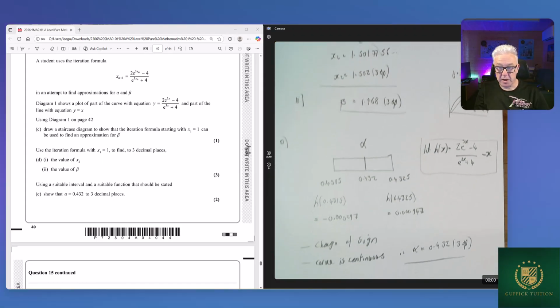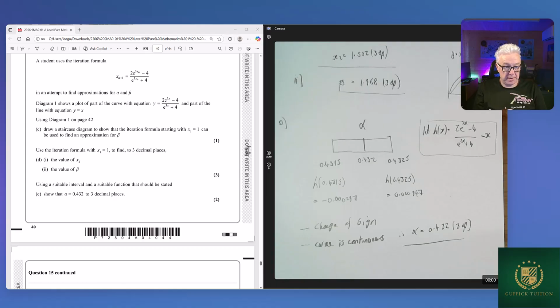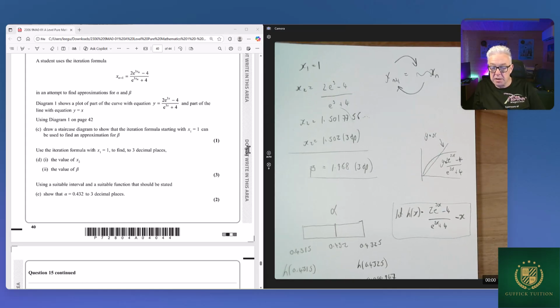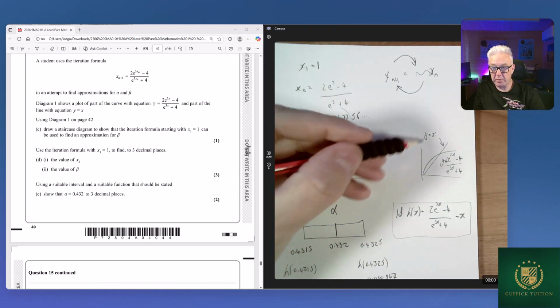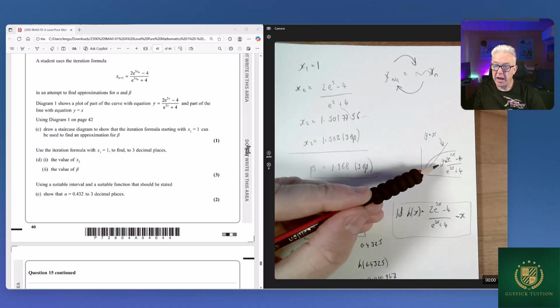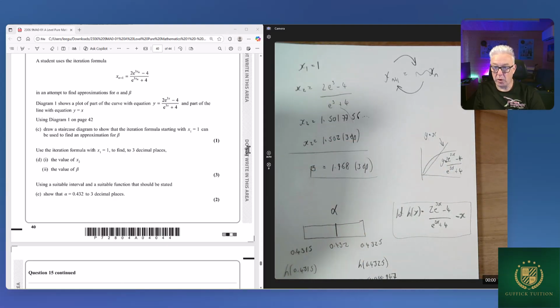Now the very last part, the last 2 marks of the question, it says using a suitable interval and a suitable function that should be stated, show that alpha is equal to 0.432 correct to 3 decimal places. So what are they getting at here? So our staircase diagram has come from the line y equals x and the equation that we were given there, the y equation.